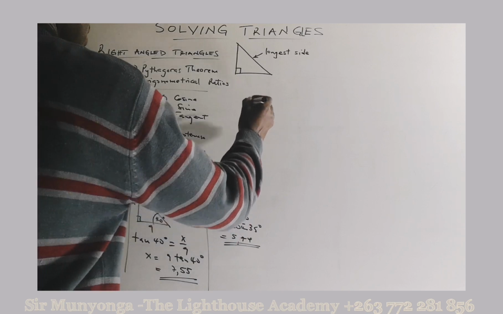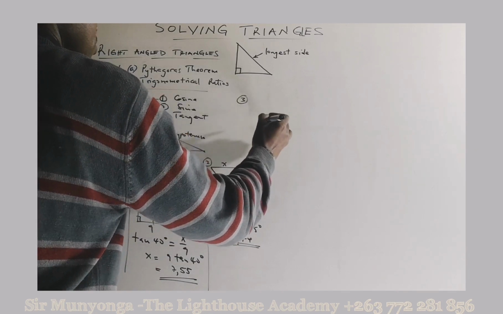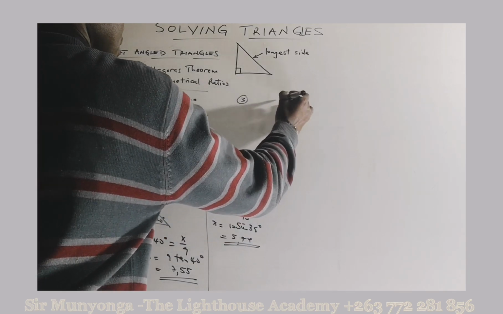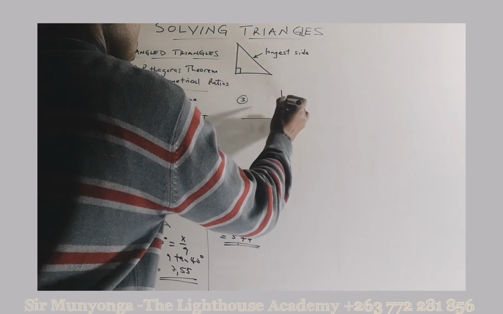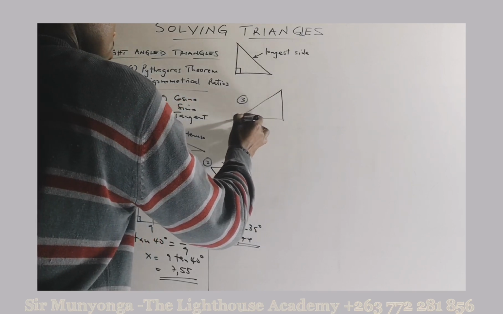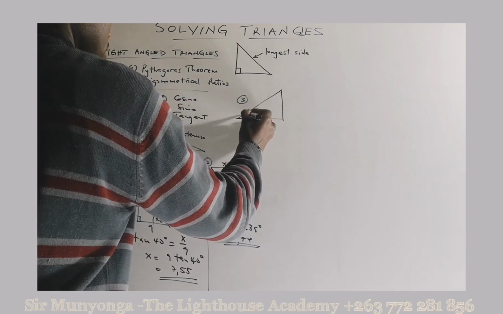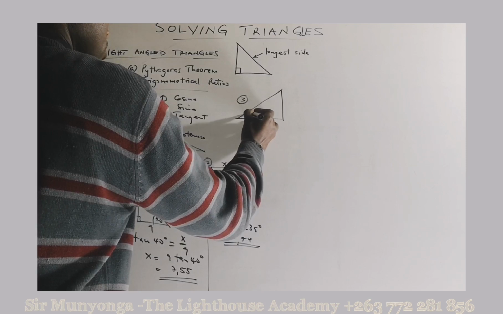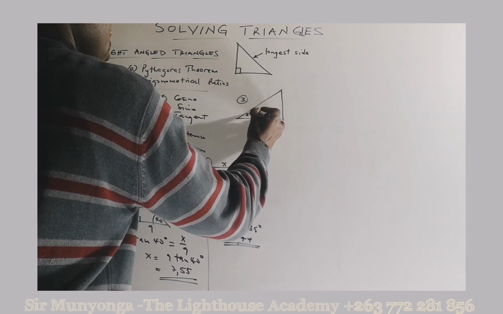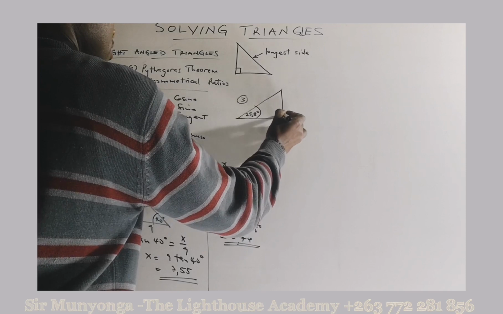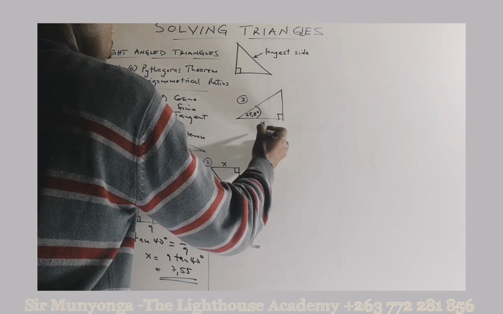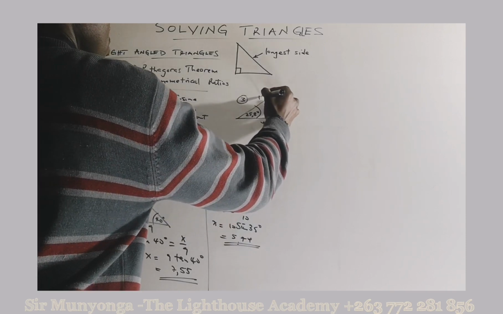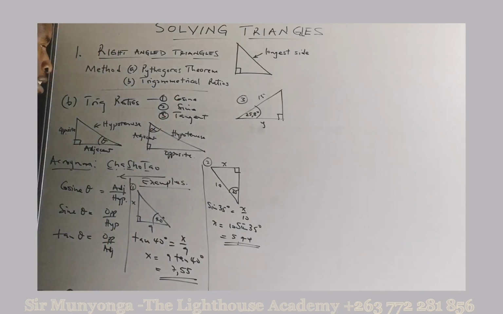Let's do another example, example 3. You are given again a right angle triangle, and the given angle is 25.8 degrees, with the hypotenuse being 15. How do you determine which trig ratio you are going to use?